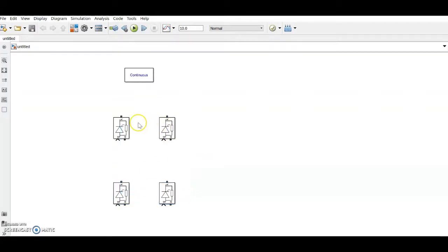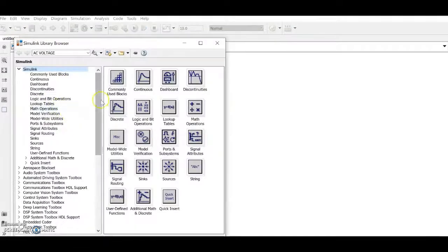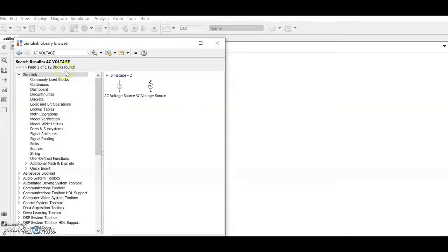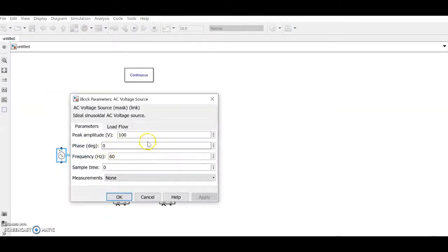Okay, and now we need an AC voltage source. We'll search for the AC voltage source. If we need a 230 volt AC supply, it will be 230 root 2 peak.